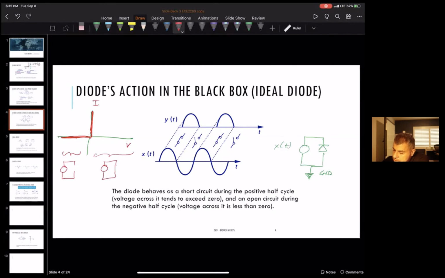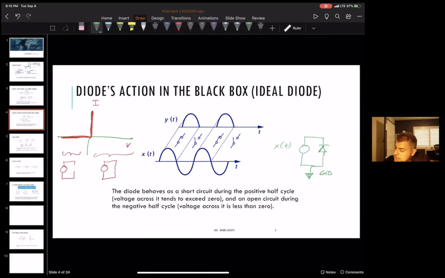I think I actually drew this wrong. Let me draw it like this. No, I think I had it right. Sorry, guys. I wanted to draw it like this.